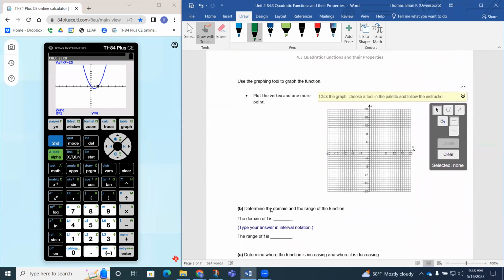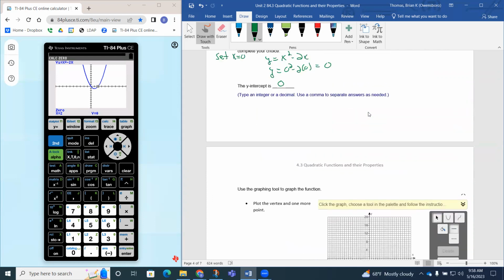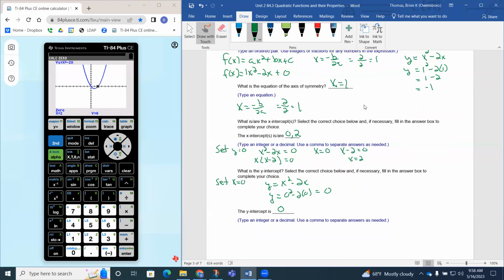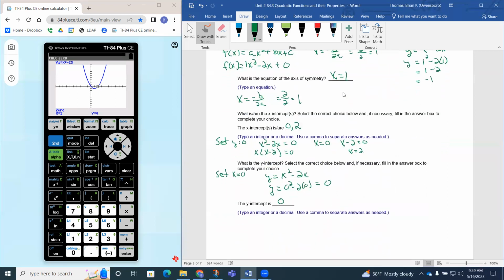So they want us to actually use the graphing tool to graph this. So what they want us to do is plot the vertex and one more point. So again, I'm going to hit the graphing tool. What you have to do is plot the vertex, which is going to be the 1, -1. So the vertex was 1, -1.